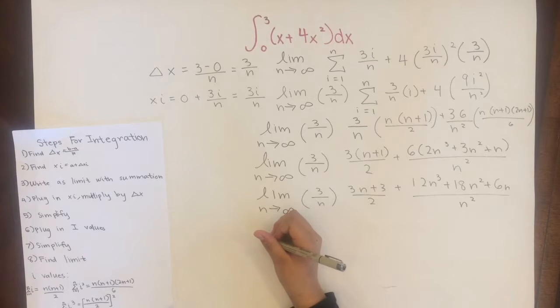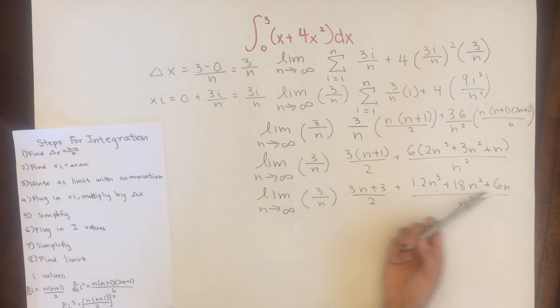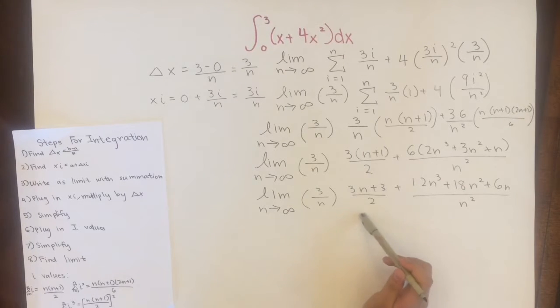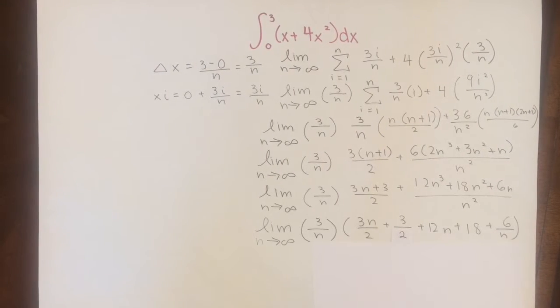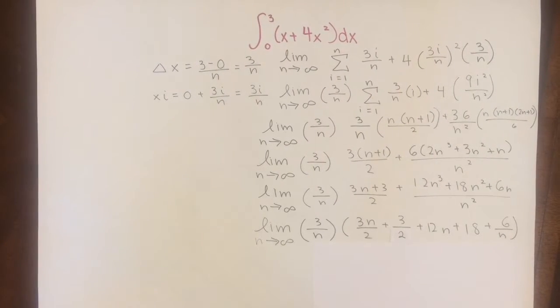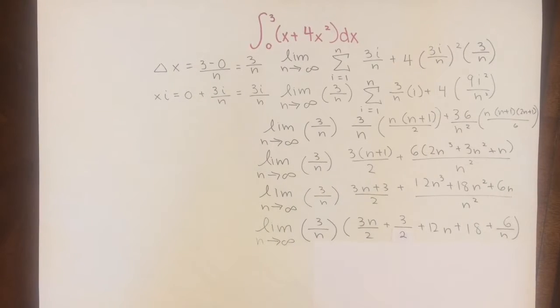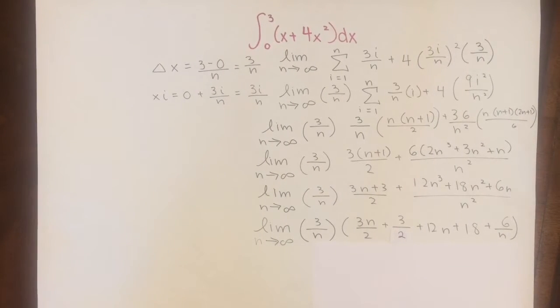And then we can simplify this part and this part even more, and the reason that we have to do that is to make it easier to multiply the delta x into each individual section. Now that you have that, you can now simplify it and finally do the limit portion of what you have.